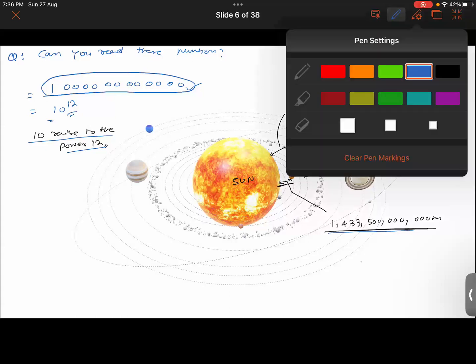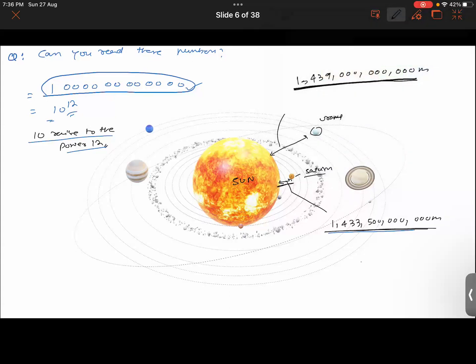So that is basically the purpose of the chapter, exponents and power. The numbers which are very difficult to read, write, understand, or compare, to make these numbers easy to read, compare and understand, we use exponents. Let me write it over here.